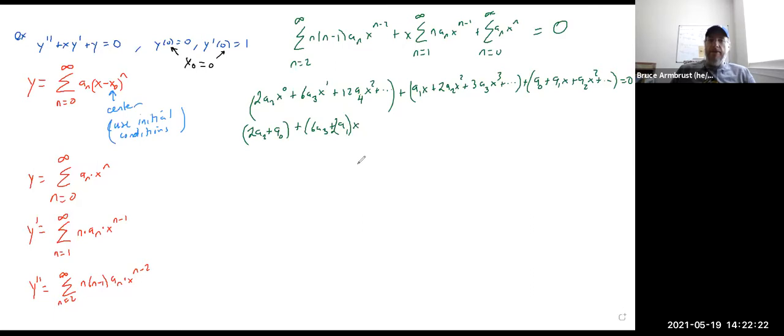All of that is times x. Okay, let's go to the x squareds. I have 12 a sub 4. I have 2 a2 plus another a2, so plus 3 a2, x squared. And so on and so forth.